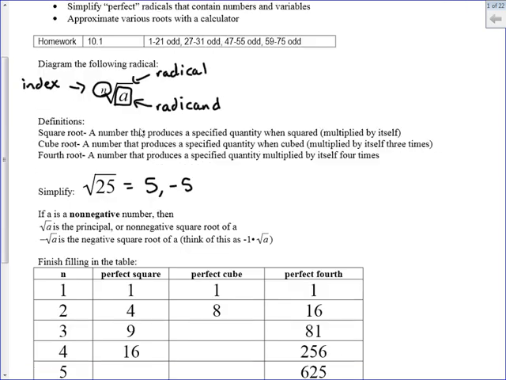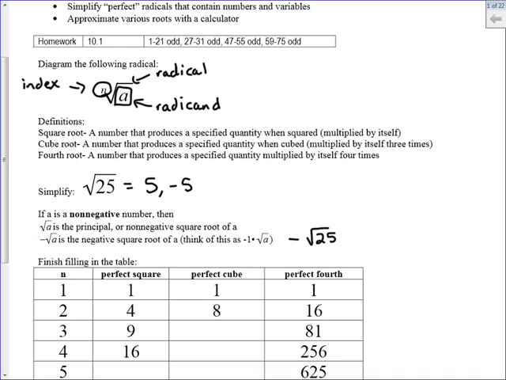Now, I'm not always going to be asking for 2 answers. We have what's called the principal root. That's the one that you thought of right away. You thought of the 5. It's the positive answer. It's the one your calculator gives you. But there's also a negative square root. Now, if I want the answer to be negative, all I'm going to do is write the problem as negative square root of 25. That's how I tell you, instead of the positive answer, give me the negative answer.